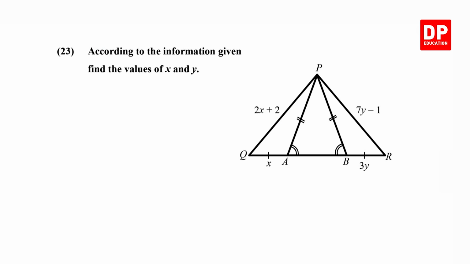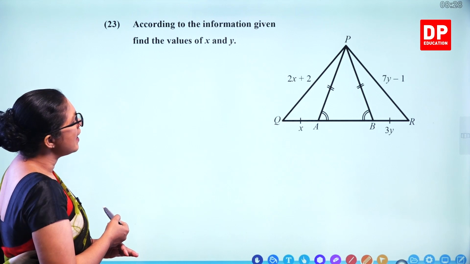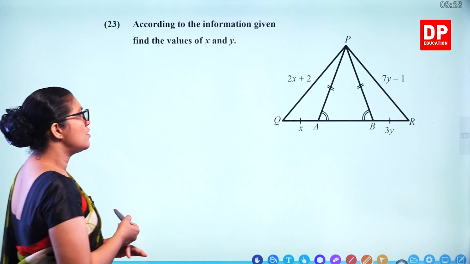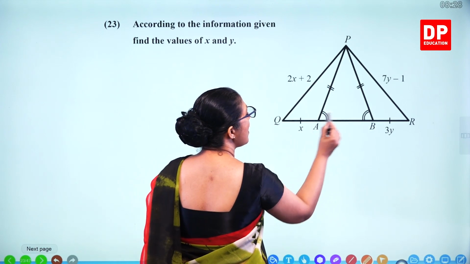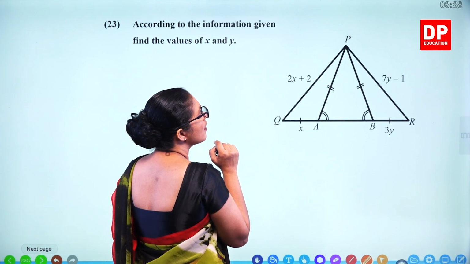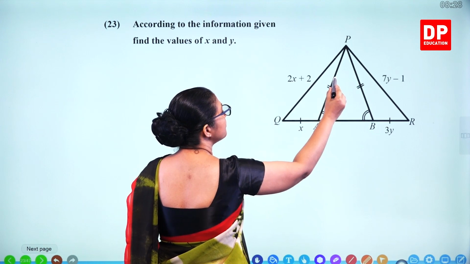Question number 23. According to the information given, find the values of x and y. So what you can say, these two lengths are equal, so these two angles are equal. Look at these two triangles.